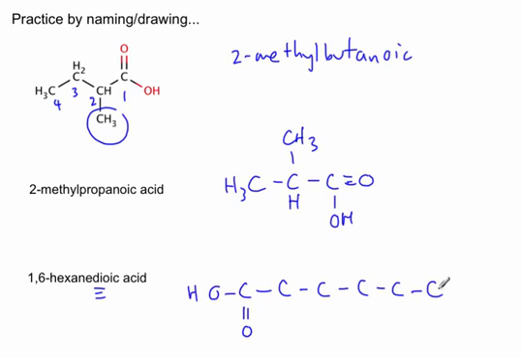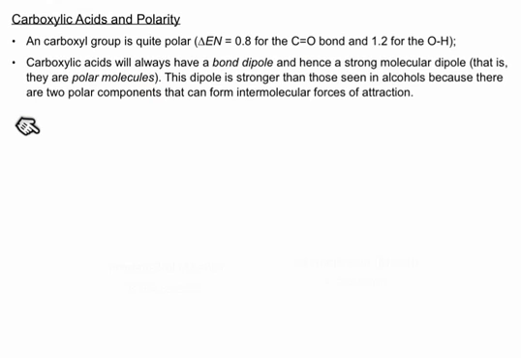So there's one terminal carboxyl group. Here's another terminal carboxyl group, and then I would simply add the hydrogen. So there's 1,6-hexanedioic acid. This particular molecule actually is a precursor to some polymers we're going to talk about later.